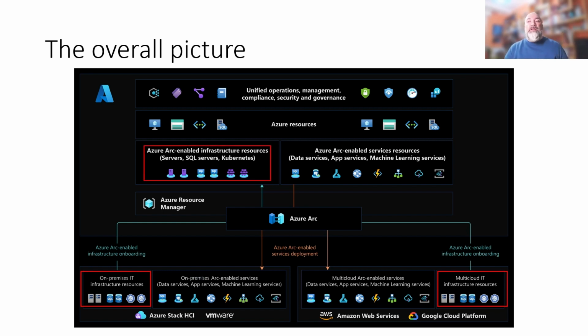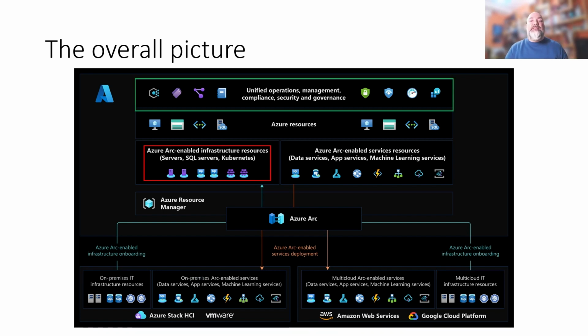Once you onboard them as Arc-enabled resources, you can then use Azure services and capabilities like policies, monitoring, tagging, or other advanced services like Defender for Cloud and Sentinel, both to govern and to secure those Arc-enabled resources.